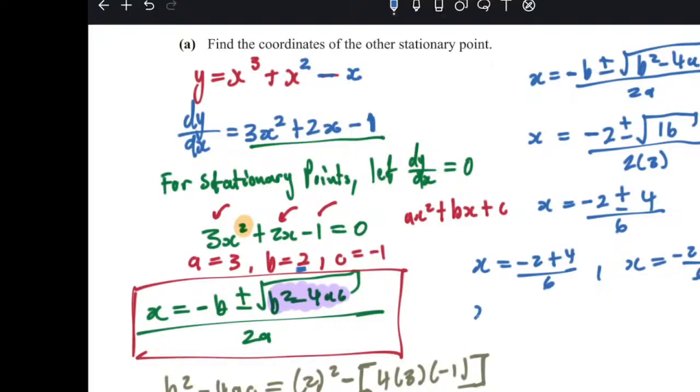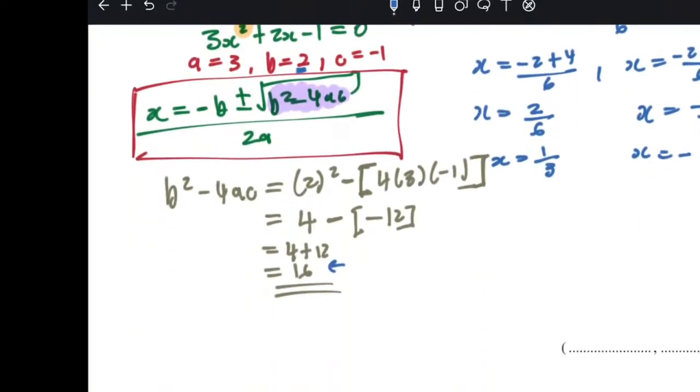Minus 2 plus 4 gives 2 over 6, which means x is 1/3. Then here you get another x equal to minus 2 minus 4, that's minus 6, all over 6, which means x is -1. Here is the second x.